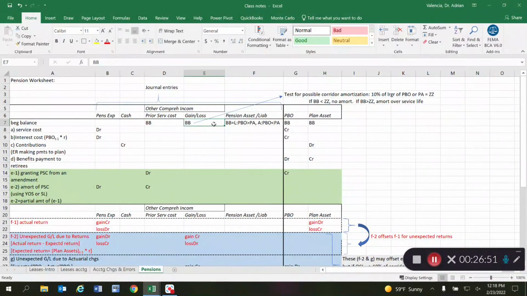I put if BB equals, well, that's not very well written, so I'm going to change it. If BB, we're going to call that beginning balance YY.